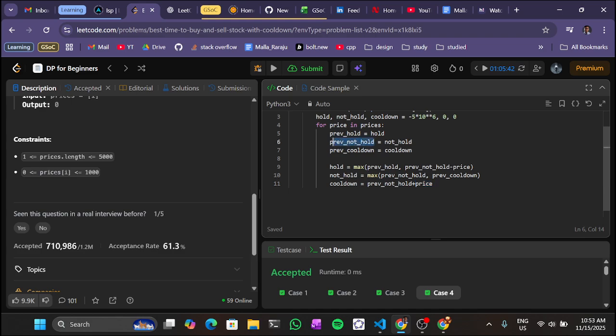So all the values we have sold, complete selling, complete cooldown, complete.